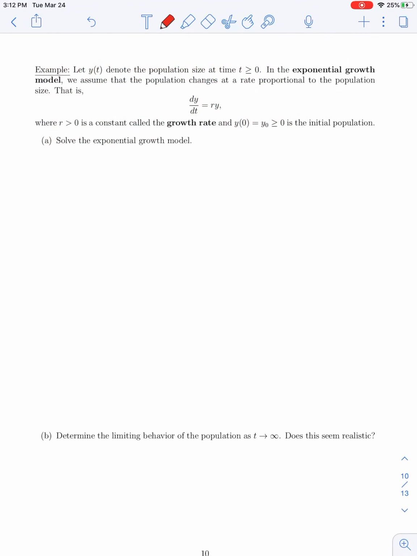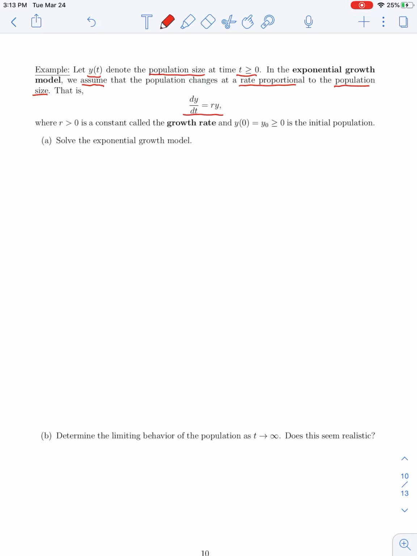So in this example, let's introduce some notation. We're going to let y of t denote the population size of some species at a general non-negative time. Now, the exponential growth model says we will assume that the population changes at a rate that is proportional to our population size.